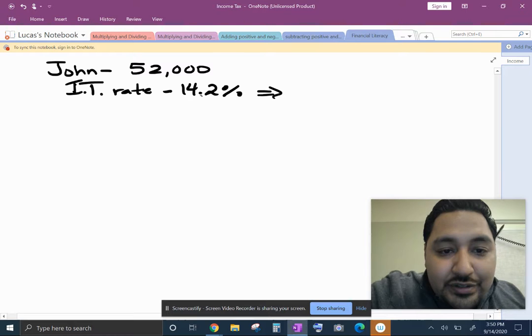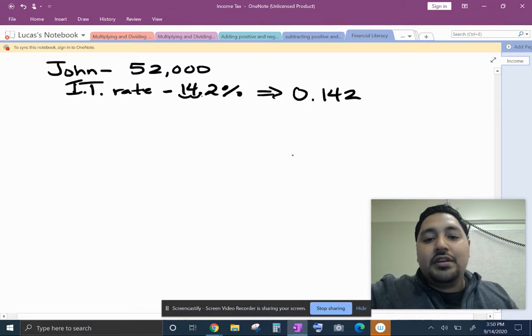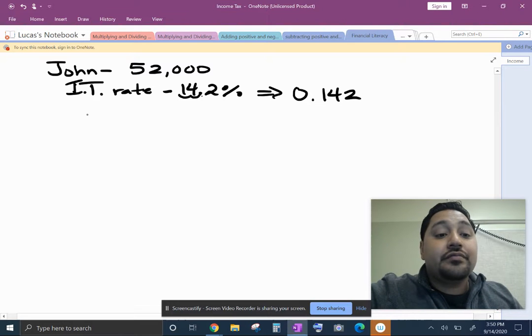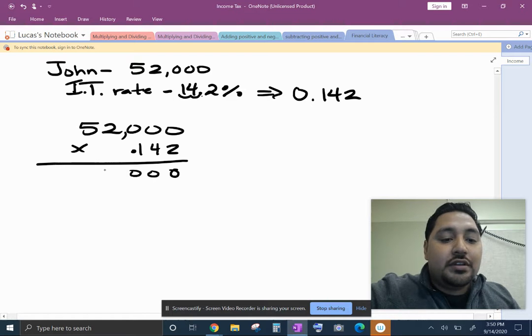So I'm going to change this to a decimal. I'm going to start with the decimal here, and I'm going to move it over once, twice. So it should be 0.142. All right. So now I'm going to take 52,000 and multiply it times the decimal. So 0.142, 0, 0, 0, 4, 10, add a 0.